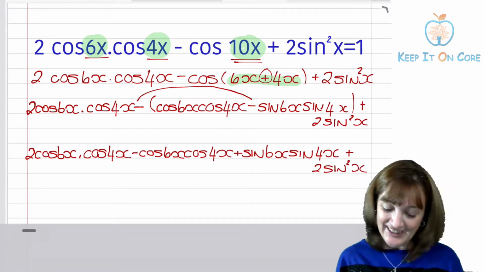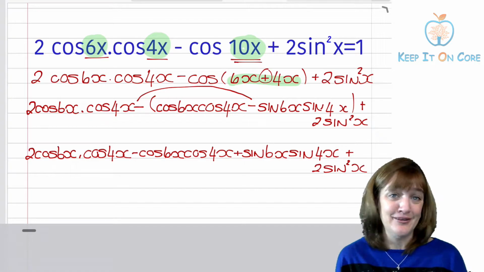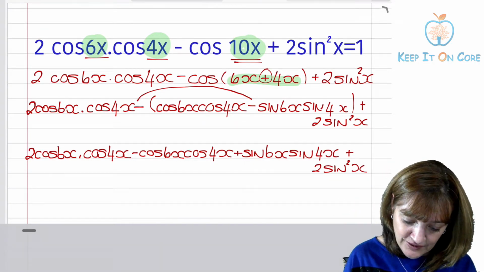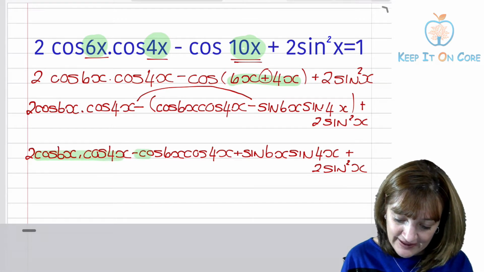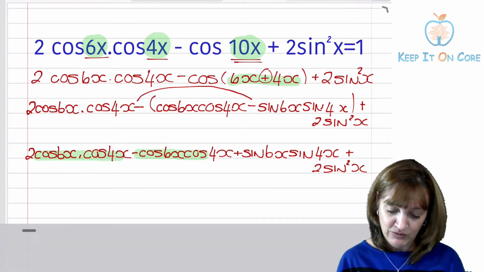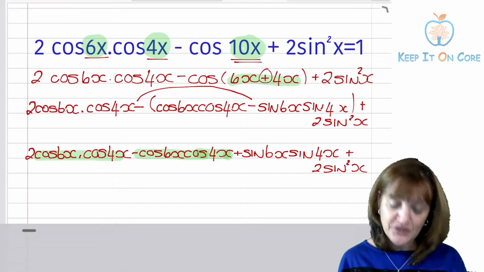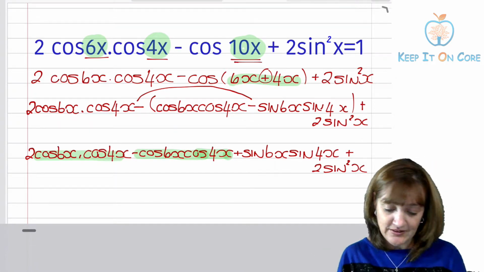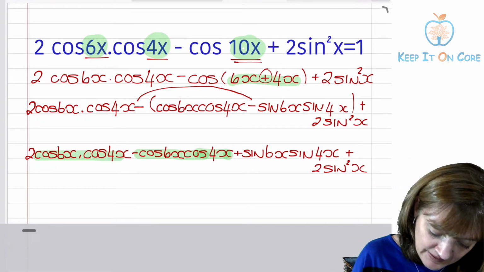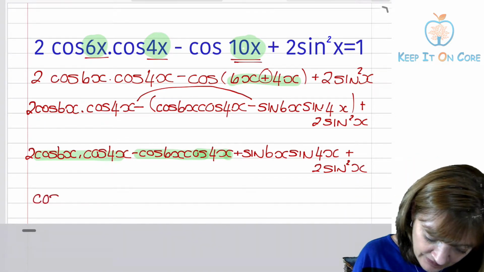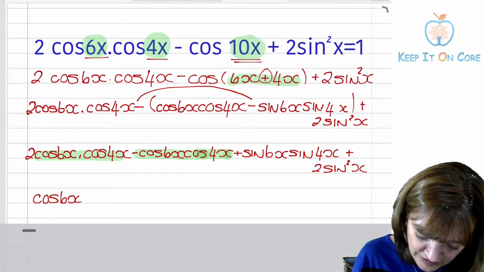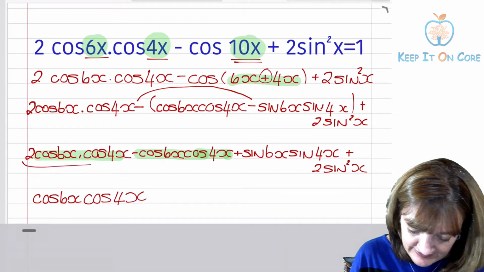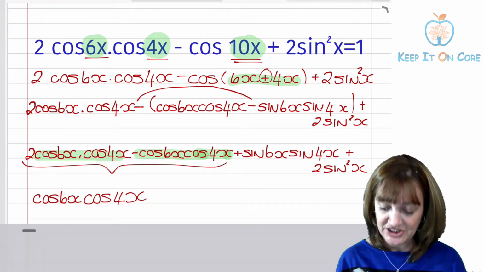So look for like terms. I think that's probably our best bet. I've got a cos 6x cos 4x over here, and I've got another cos 6x cos 4x over here. Do you agree I do have like terms? If you've got 2 cos minus 1 cos, 2 minus 1 is leaving you with just 1 cos 6x cos 4x as the solution to those two subtracted from each other.